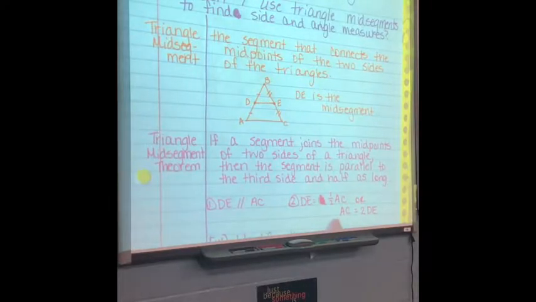So if you didn't get that last little piece here, make sure you get that down. Got it? Good? Okay. All right, so let's look at some examples.